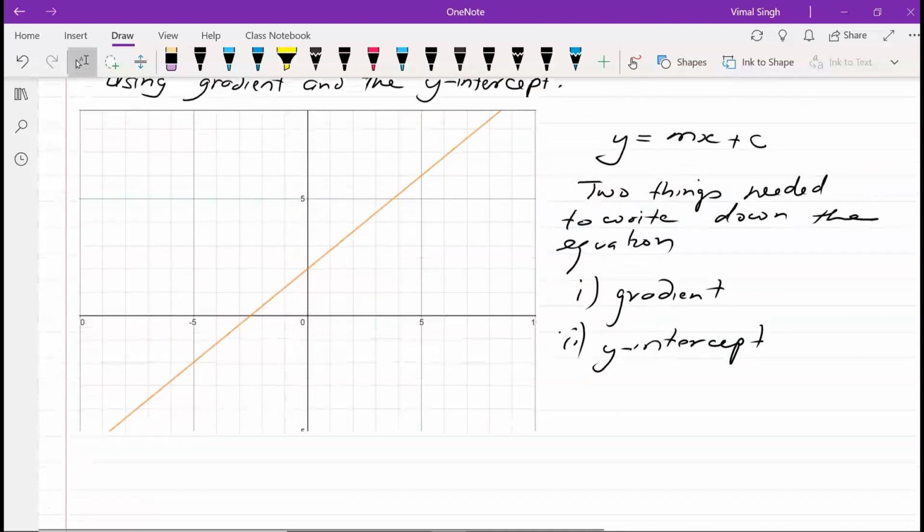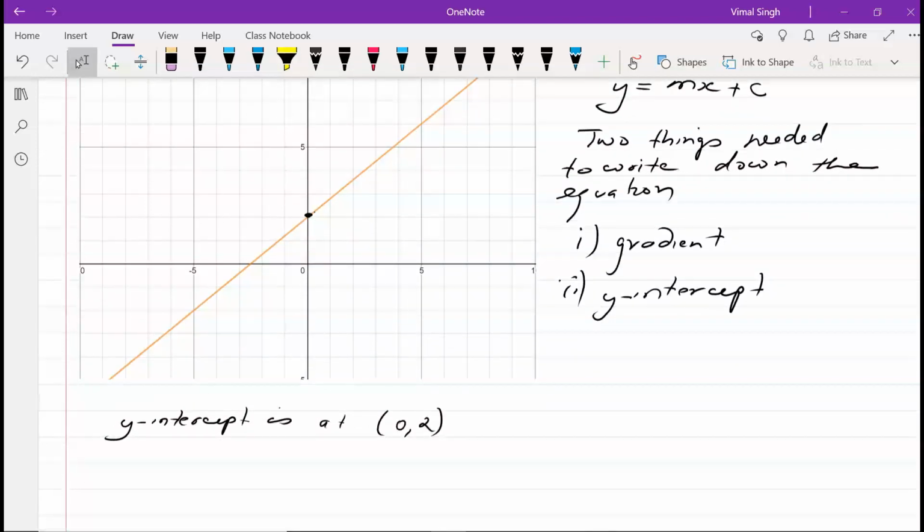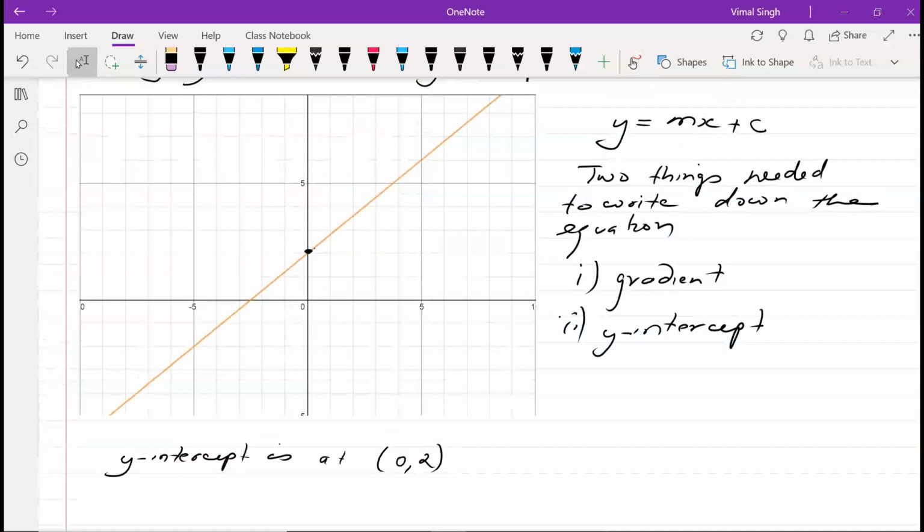So if you look at this graph over here, we need to work out the y-intercept, and that is the y-intercept. So the y-intercept is at (0, 2), and the other thing we need is the gradient.